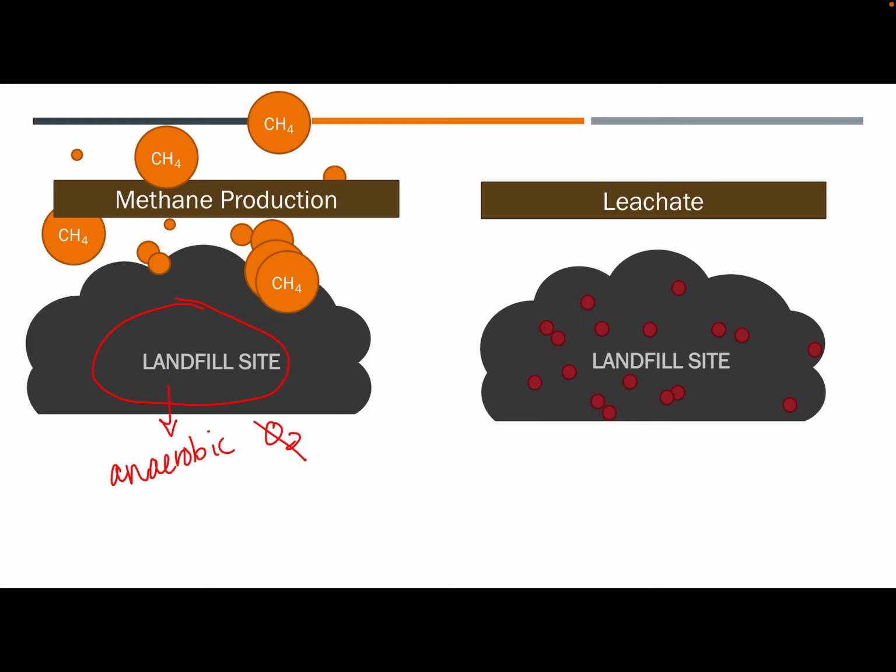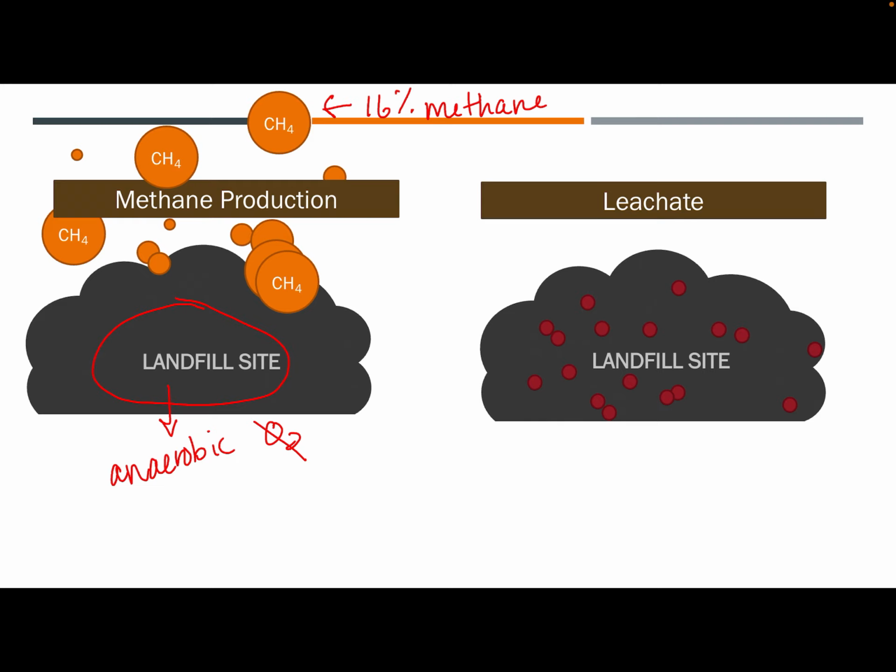So as a byproduct of the bacteria breaking down the trash and the garbage, it releases CH4. In the US, this accounts for 16% of our methane emissions. So this is an issue for us. We know that methane is a greenhouse gas, so putting more methane in the atmosphere is definitely a concern.